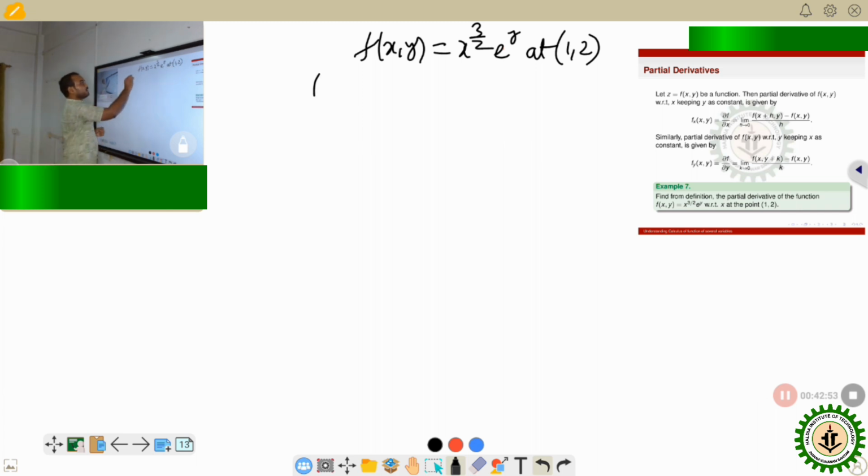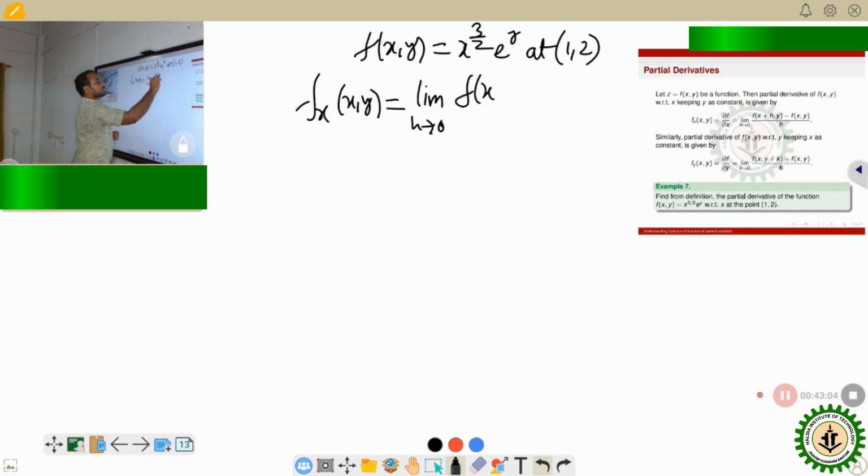So first we are trying to calculate the partial derivative of f of x, y. Its limit will be the limit as h tends to 0 of f of x plus h comma y minus f of x comma y, divided by h.